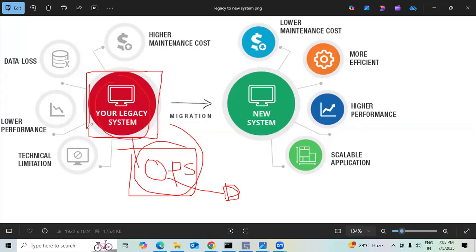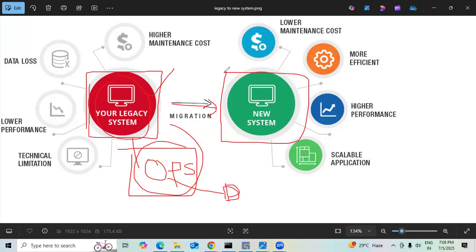We have to make some necessary changes, where either you make changes on the existing legacy system, or we move on to the next level. So that is something we need to decide: either make changes on the existing legacy system, or migrate from the legacy system to the new system.